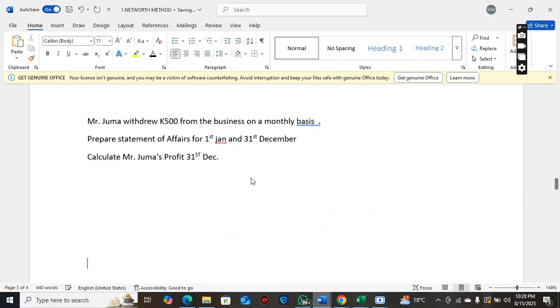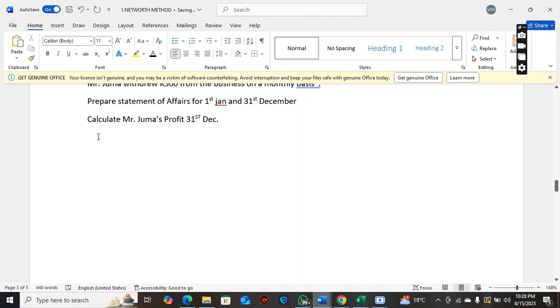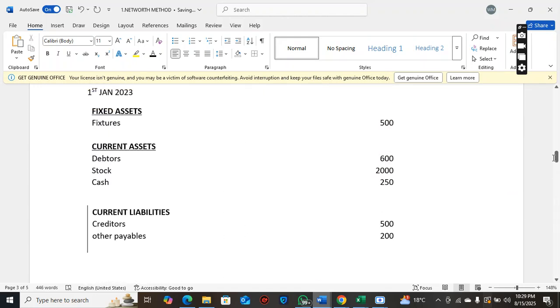So we make the statement of affairs for the 1st of January. We start with our assets, our fixed assets or non-current assets, 500 kwacha.